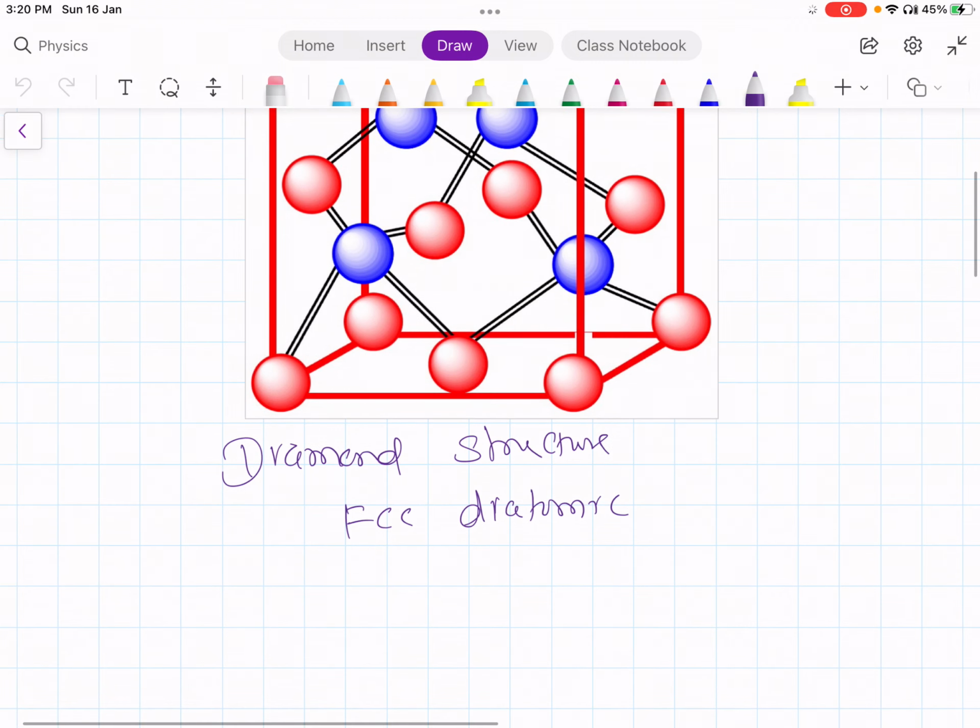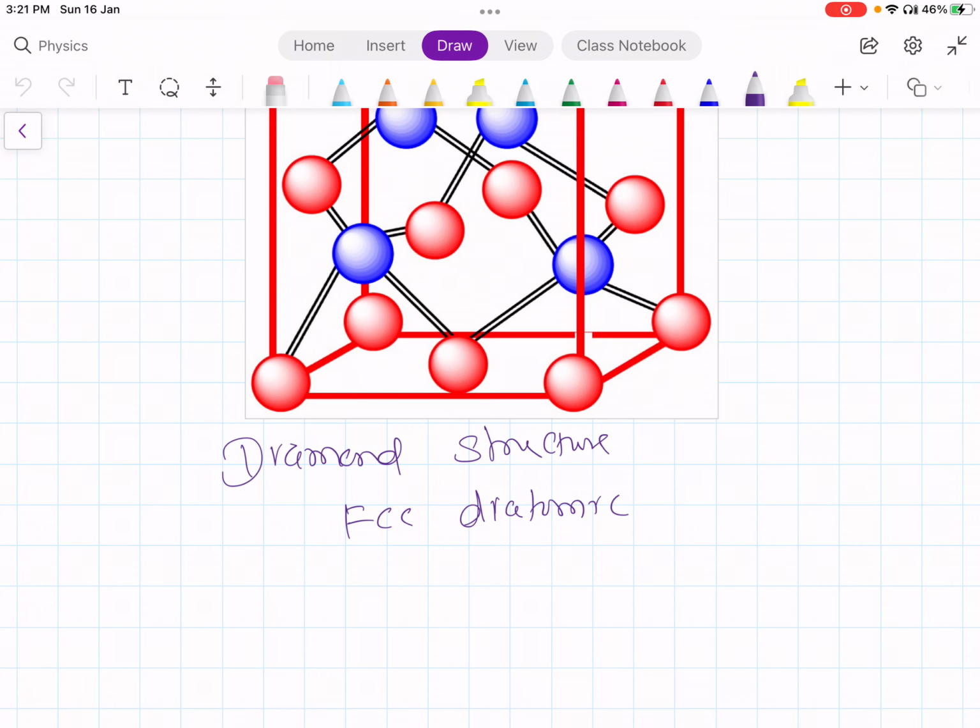In the last lecture, we studied the NaCl diatomic structure, which is also FCC diatomic. But in the NaCl FCC diatomic structure, there are two different basis atoms.